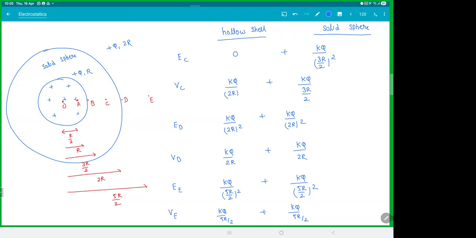All clear with this? Any doubts on this? Clear. Next one.